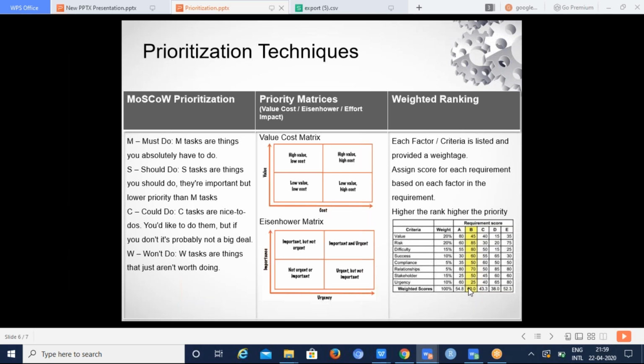I'm going one by one. Value is what is the value of that particular project, or how much benefit it will give to the business. Risk is what is the risk; it can be a feasibility risk, it can be a technical risk. Difficulty is in terms of implementation of it.